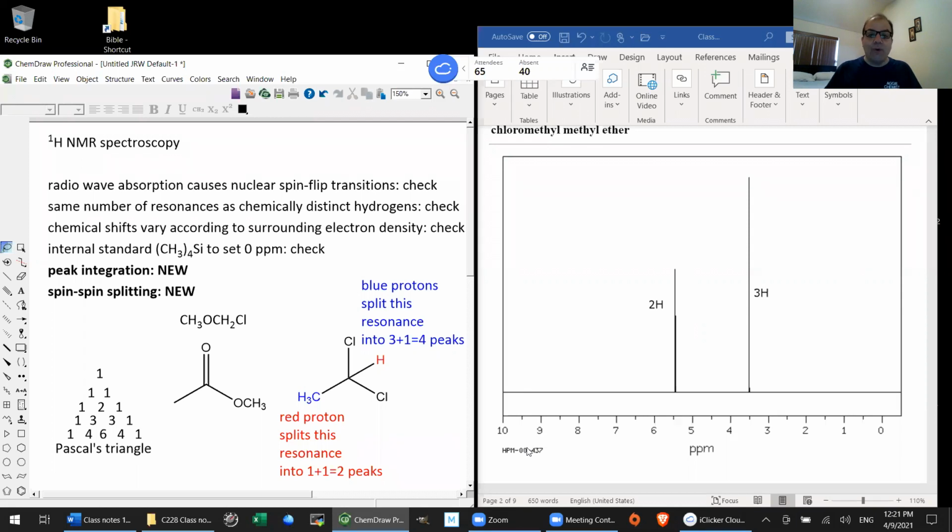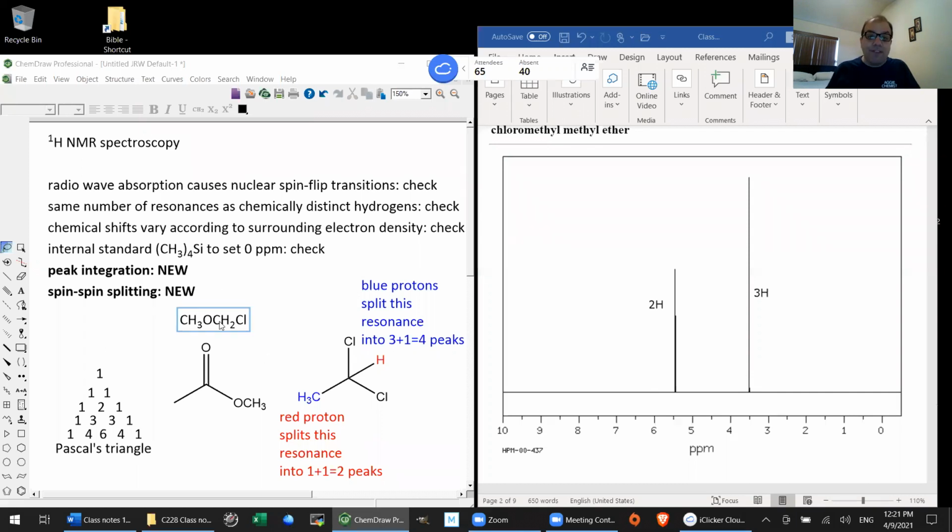So furthermore, just as we expected, our 3H resonance is for this methyl group because there's 3 H's there. And that's at almost exactly 3.5 parts per million. The other one is way up here at about 5.4, 5.5 parts per million.